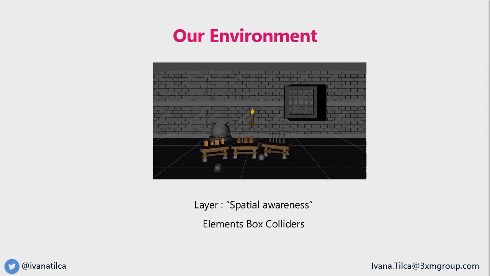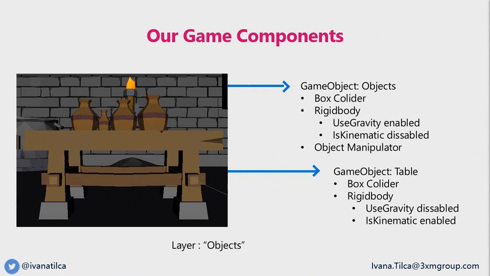So remember, we had our spatial awareness different than for working with HoloLens. In this situation, we created a virtual reality environment. And in that virtual environment, everything has a collider, or in this case, I put a box collider, but it could be a sphere collider. It could be each one of the colliders that are available. Then we had also the table that actually is a game object that has a box collider. It has a rigid body in its kinematic.